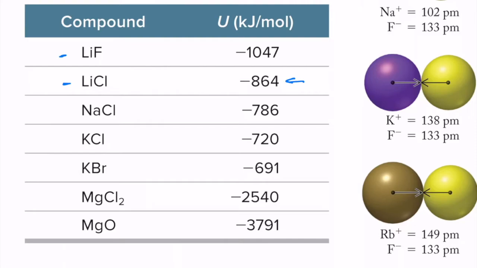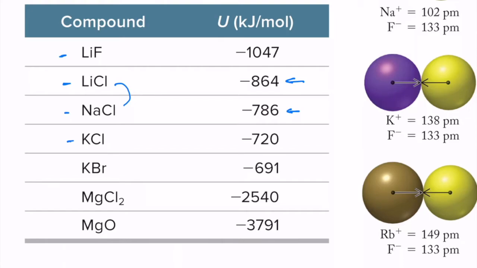Okay, so if we go to sodium chloride, we have a bigger cation in sodium, and the chlorine is the same here. So the sodium is different. It's bigger, so we should have an even weaker interaction, and we do, compared to lithium chloride. And the next comparison, potassium is bigger than sodium.